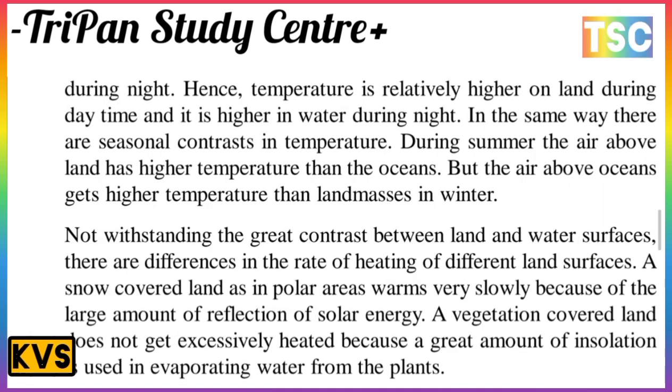Notwithstanding the great contrast between land and water surfaces, there are differences in the rate of heating of different land surfaces. Snow-covered land, as in a polar area, warms very slowly because of the large amount of reflection of solar energy.